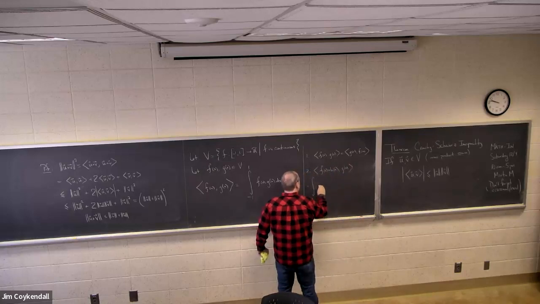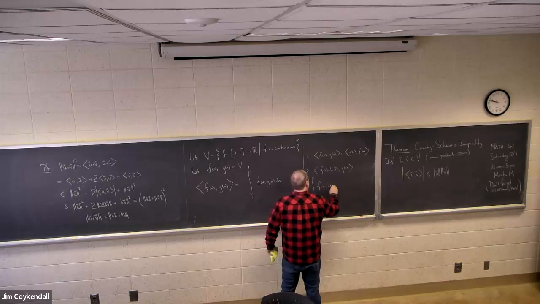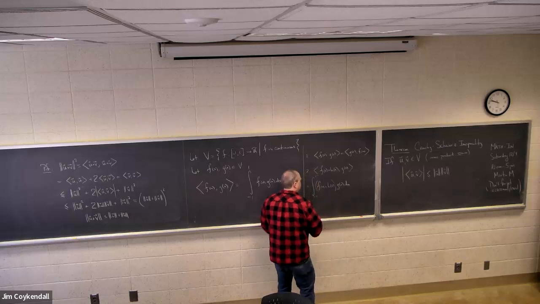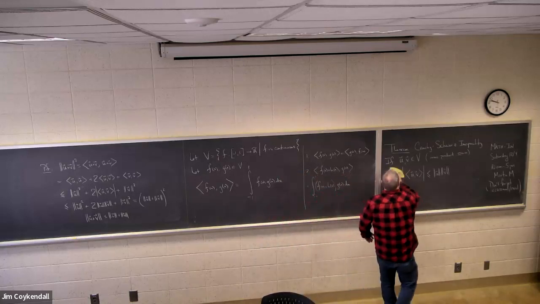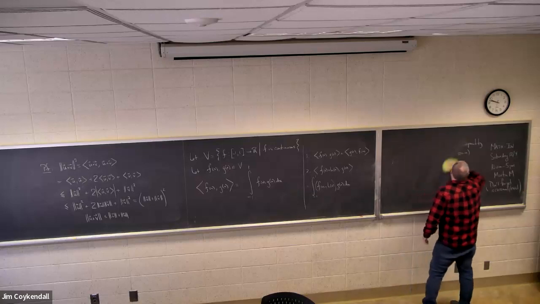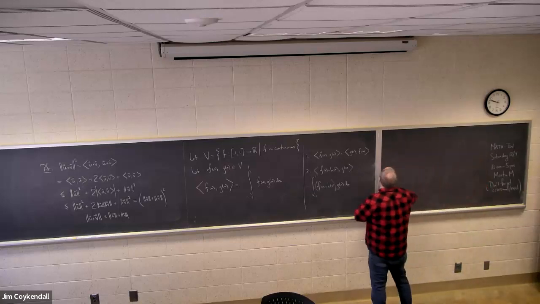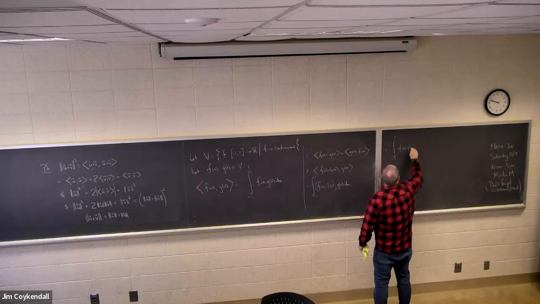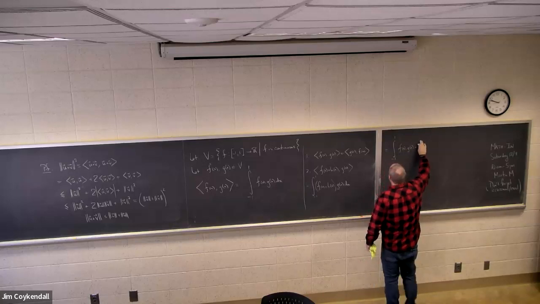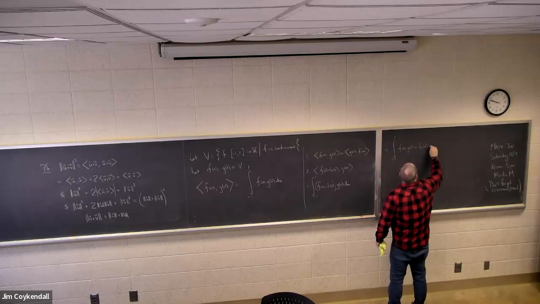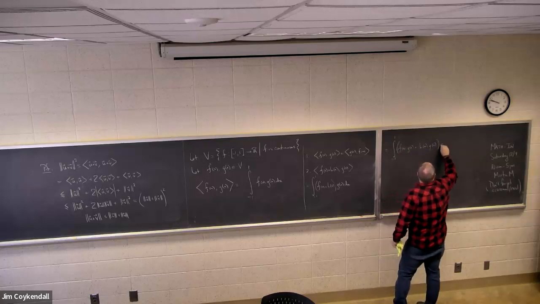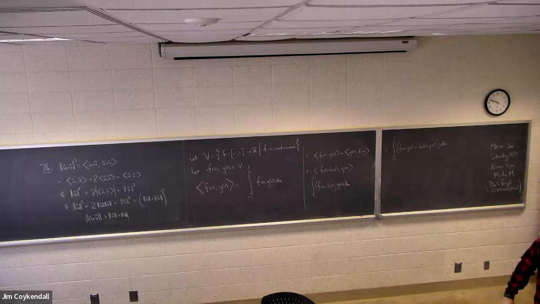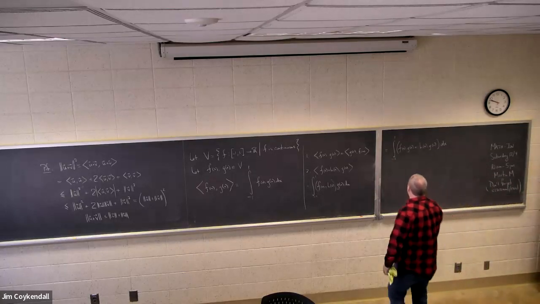Well, this is equal to the integral from -1 to 1 of f of x plus h of x times g of x. And what can I do to this thing? Well, this is the integral from -1 to 1 of f of x g of x plus h of x g of x. And what's the big thing you can do with an integral like that? You can split it up into 2 different chunks.